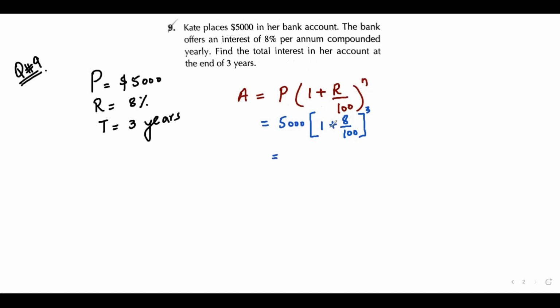So beta, you have to do this calculation: 1 plus 8 over 100 raised to power 3, and tell me the answer. Write on your calculator in the bracket, 1 plus 8 over 100, then close the bracket and then take the cube and tell me the answer.